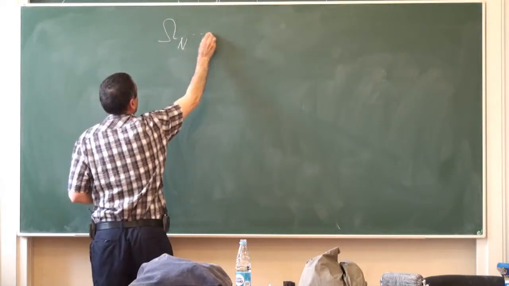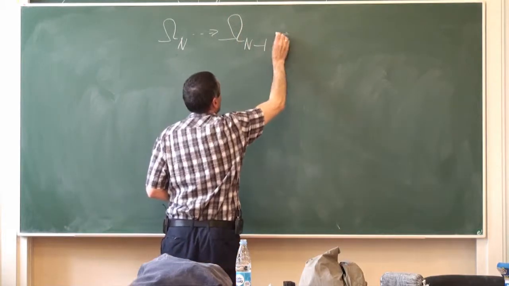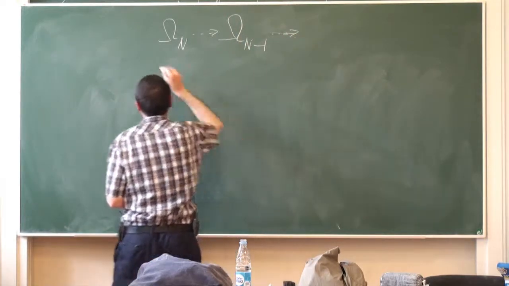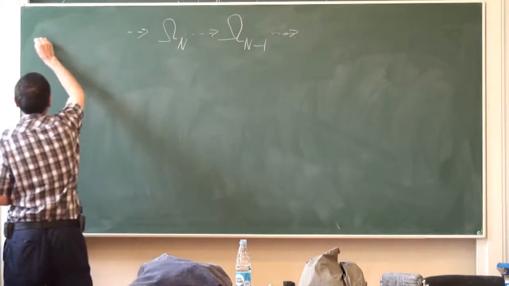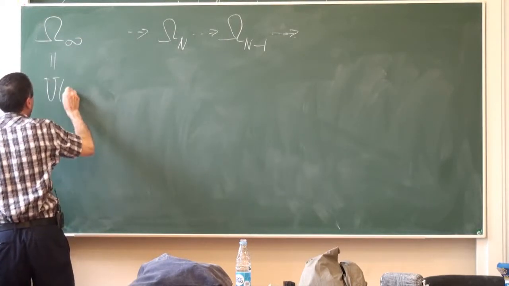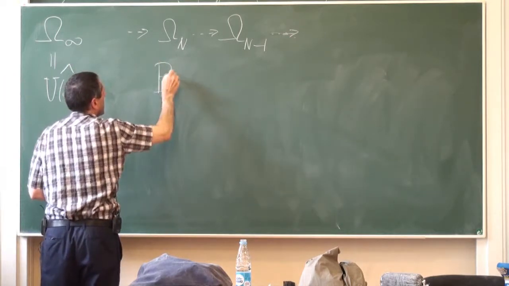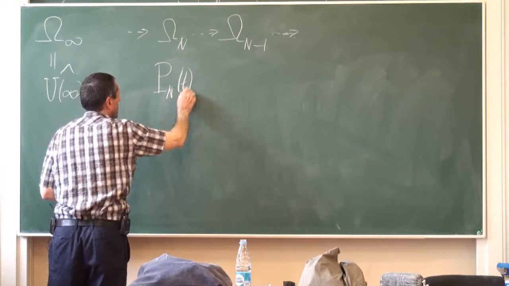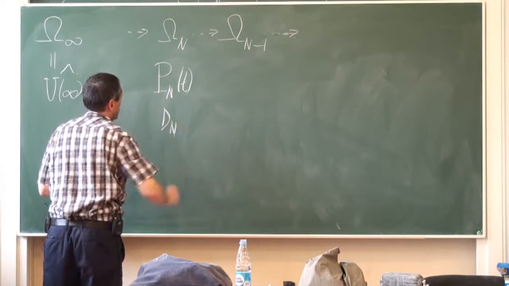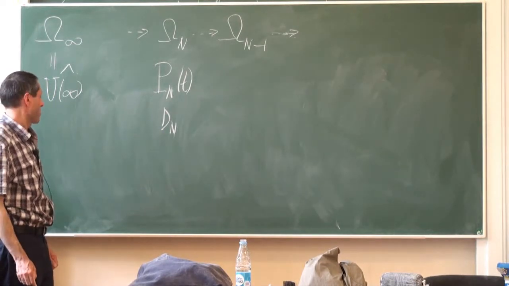You have again these chains, and we have a boundary, and you have semigroups which are constructed in terms of some second order difference operator.